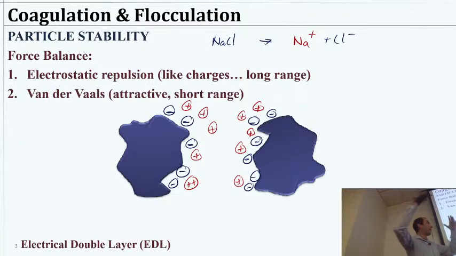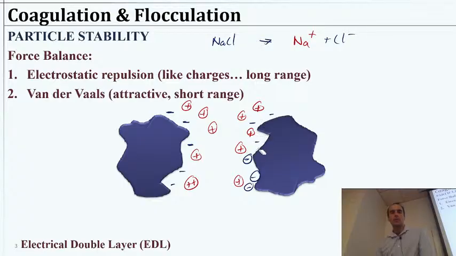So what happens here is we get a nice layer at the surface, and actually I'm going to change this drawing a little bit, and I'm going to put circles around the ions, and I'm going to erase the circles to say the surface itself has some charge. And what we'll end up getting is, with this negative surface charge, we will get some positive ions making a layer, and then sort of a loose layer of negative ions a little further out.